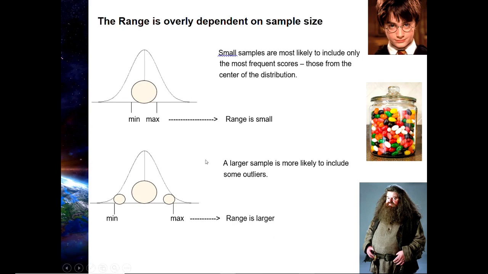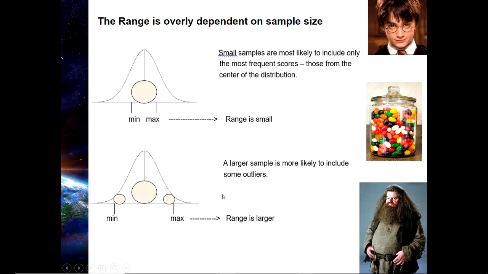So what this is telling us is that even though the distribution itself doesn't change, your data set's not changing from up here to down there, it's the same data set, just by changing your sample size, you can dramatically increase the range. And so that's what we're seeing. The range is overly dependent on sample size.